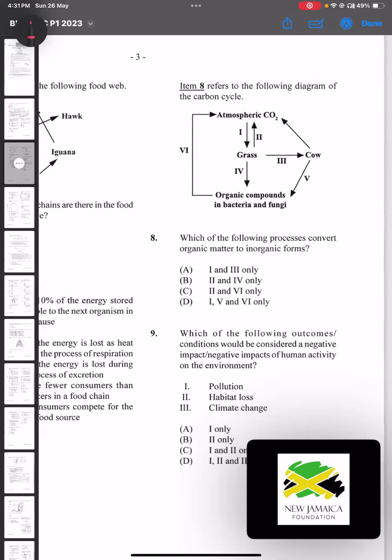So in this case, we would go with 2 and 5, because they would be contributing to atmospheric carbon dioxide, meaning that they will be putting carbon dioxide into the atmosphere, and carbon dioxide is an inorganic form, and those processes would be producing it from an organic form. So in this case, 2 and 5, C is the most appropriate answer.